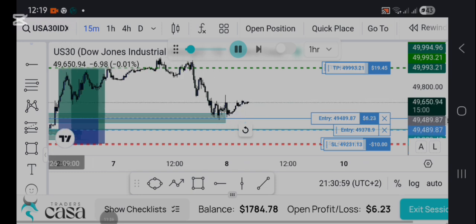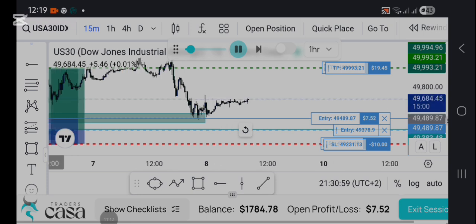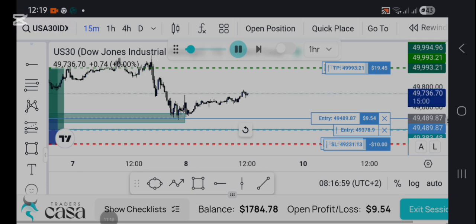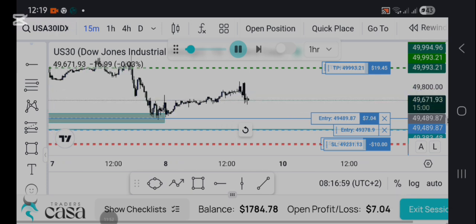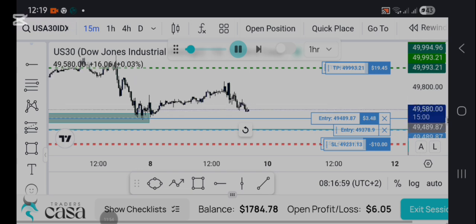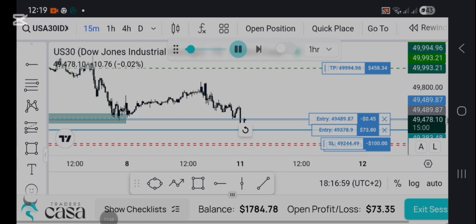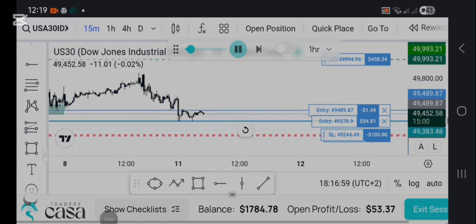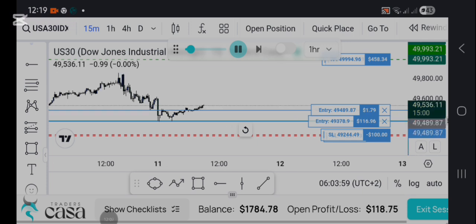Our first position, we're up $5. Literally zero drawdown. We waited almost, I don't know how many days, or probably a day, for this. So our second position, we are locked in. I hope this is zero drawdown as well.